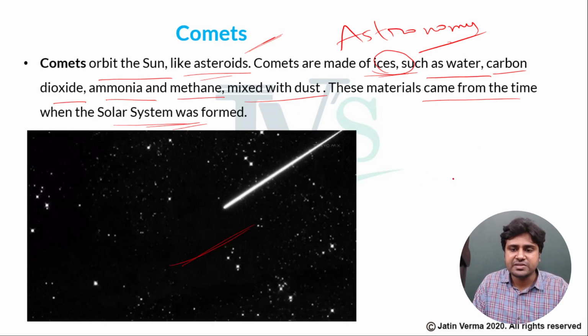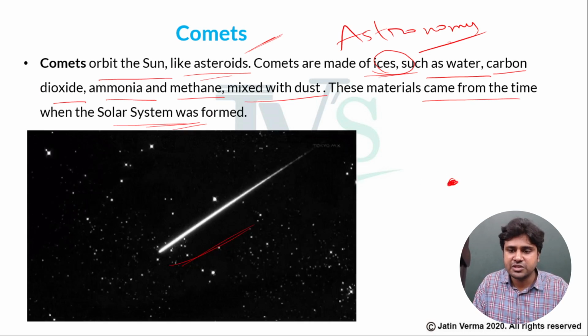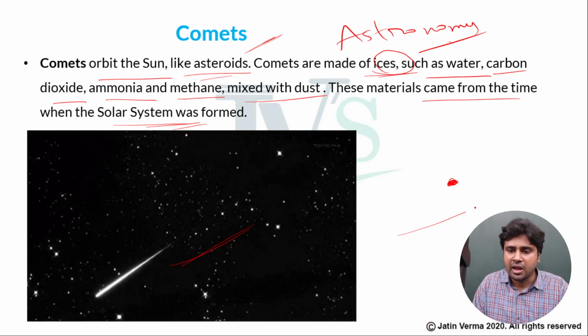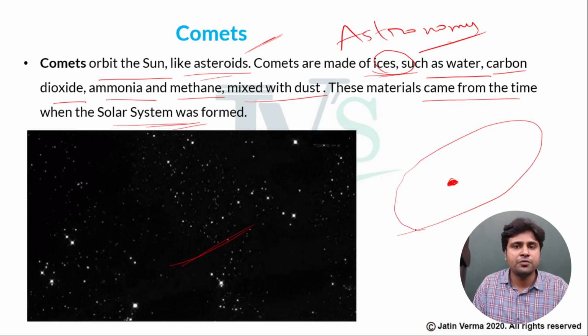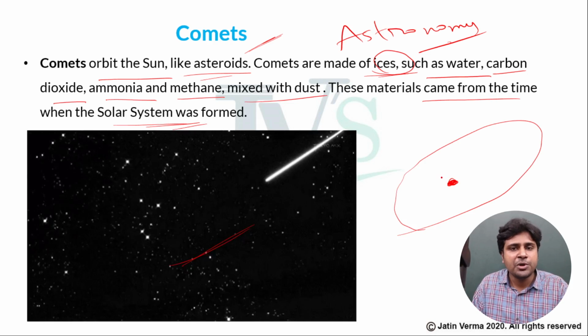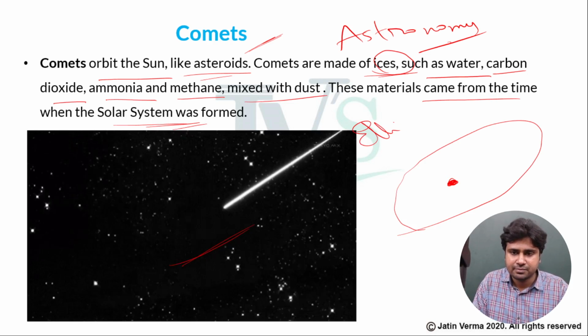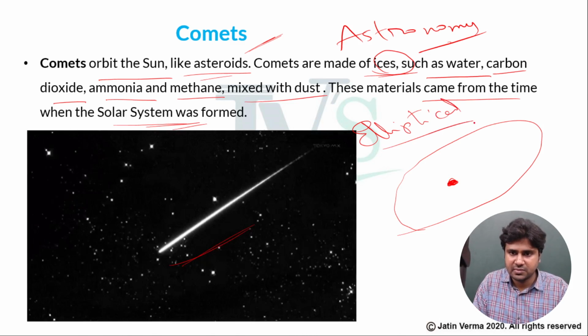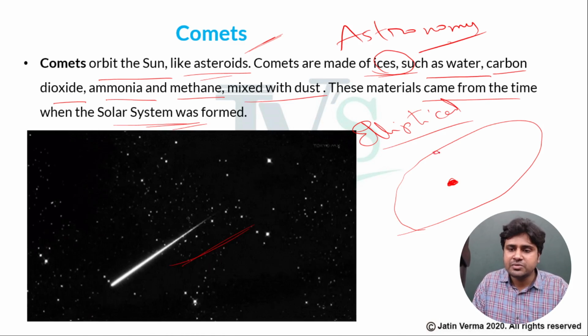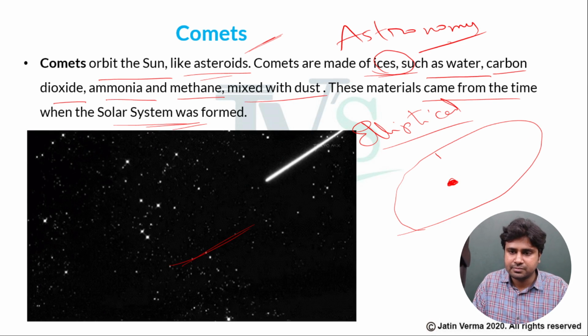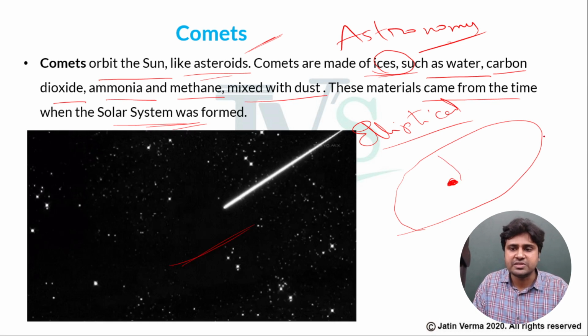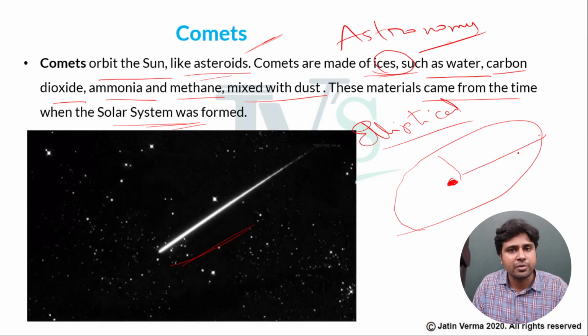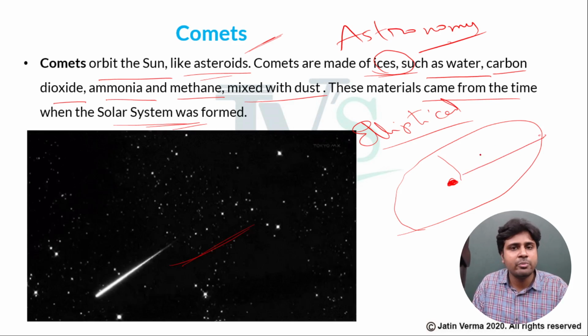Now, these comets revolve around the sun. Just imagine this to be the sun, and this is orbit of comet. Now, the orbit of comet is elliptical. Okay? So, sometimes the comet is close to the sun, and sometimes the comet is far away from the sun because the orbit of the comets is elliptical.